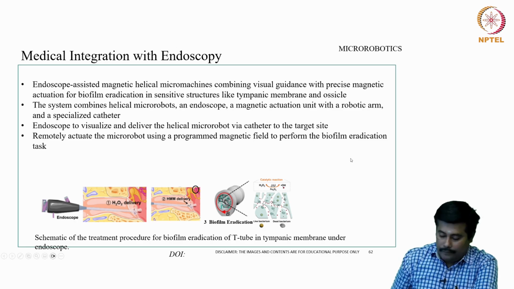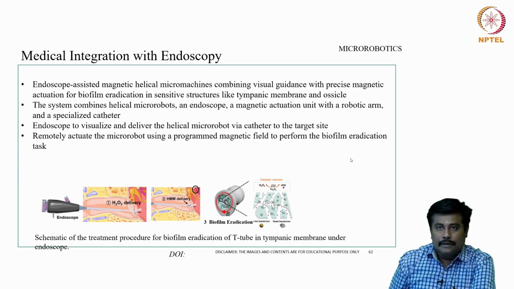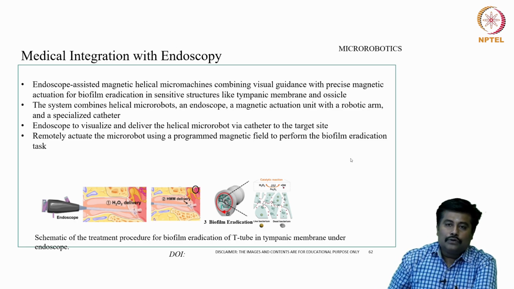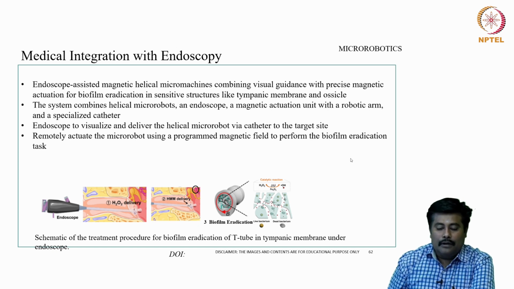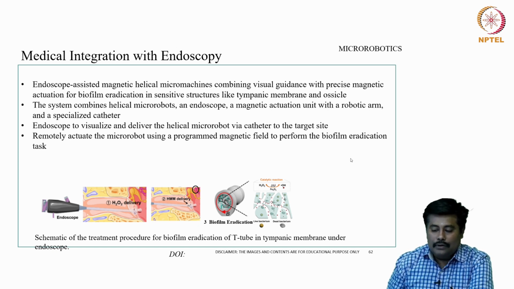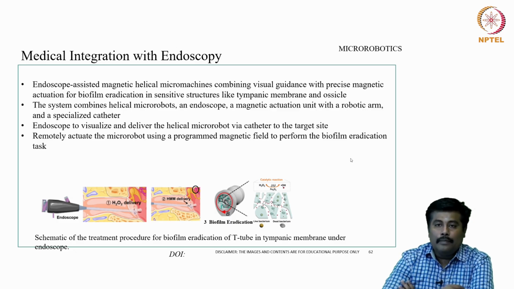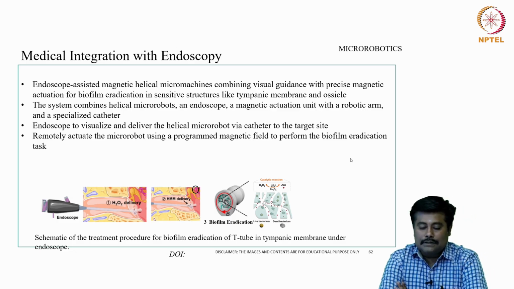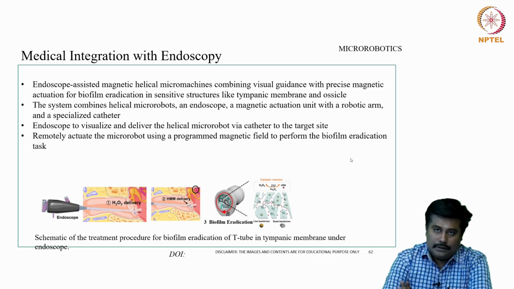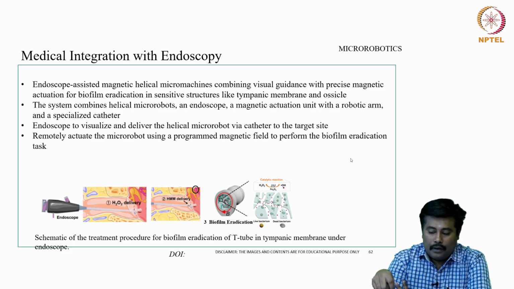With reference to medical integration with endoscopy, these endoscope assisted magnetic helical micromachines combine visual guidance with precise magnetic actuation for biofilm eradication in sensitive structures like the tympanic membrane, which is considered to be one of the key applications of such magnetic systems.